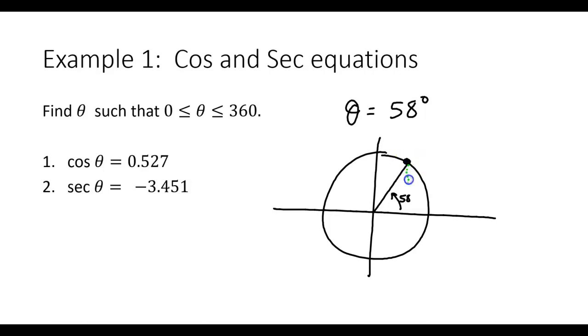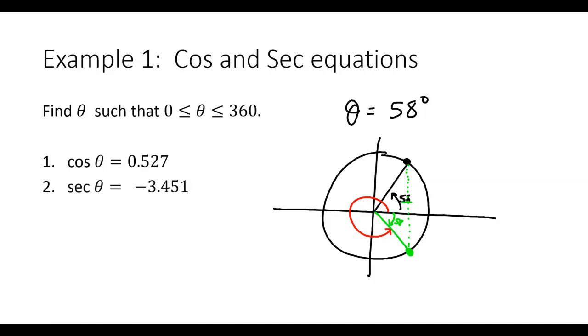So directly below that, down here, there's going to be another answer. If this angle right here is 58, then this angle right here is 58. So we need to figure out what is the angle from here all the way over to here, because that's the angle we're looking for.